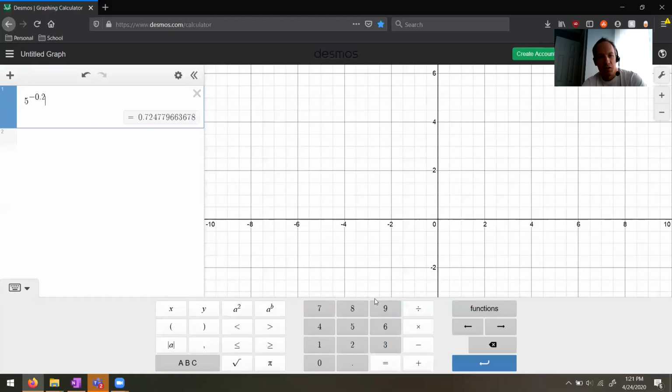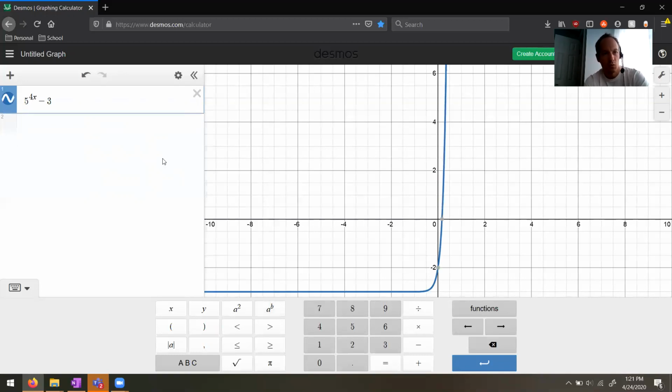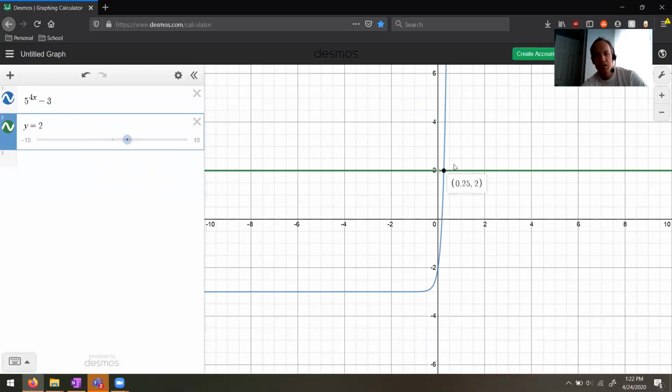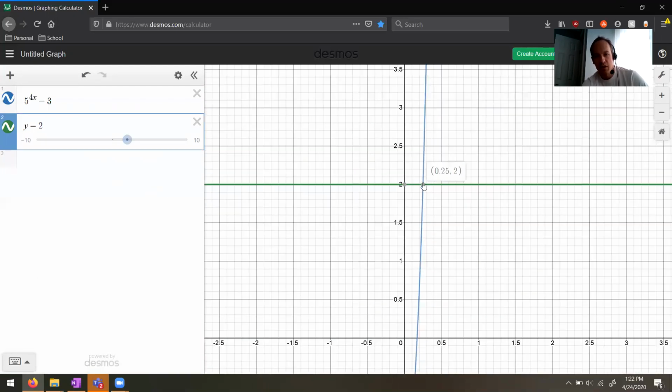So what I would suggest is if you are going to give this a go, I would consider maybe just doing it graphically. So if we want, we could actually go 5 to the 4x minus 3, and then we're going to set this equal to the line y is equal to 2. So what we can see there is they actually do cross over each other, and there is a solution.